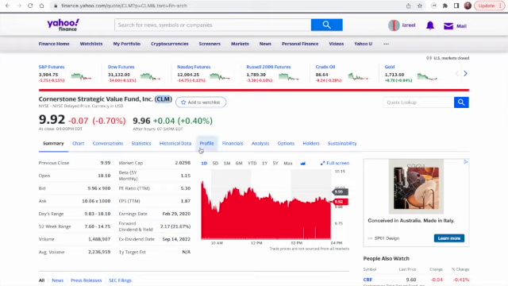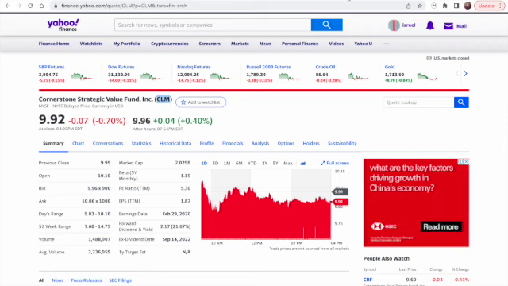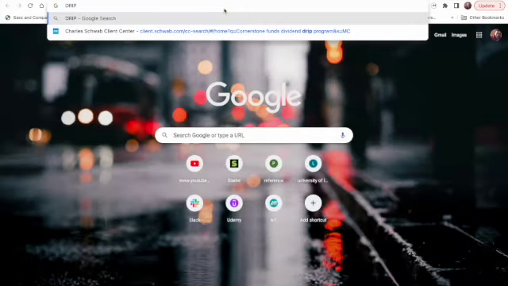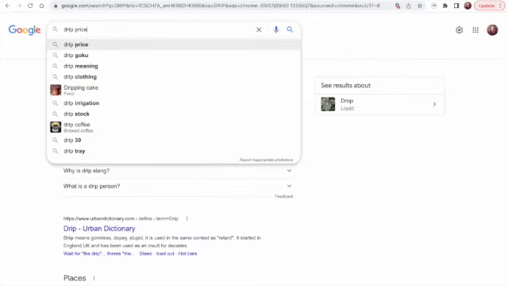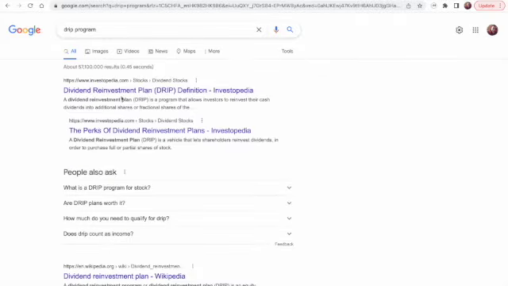Upon purchasing this stock, there's a box, guys, that you can click that is DRIP. It's called the DRIP program. And what the DRIP program does is it reinvests your dividends.